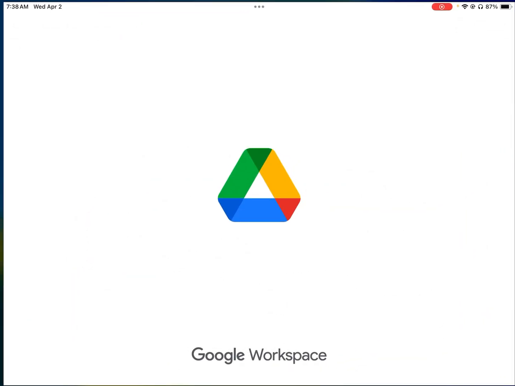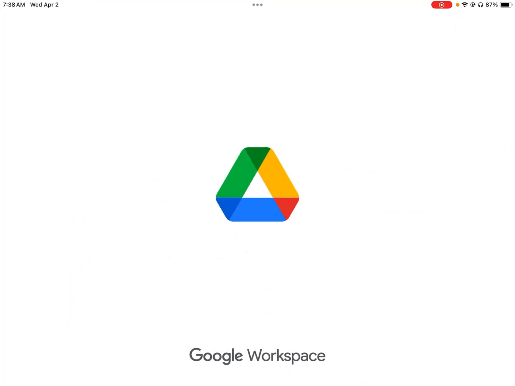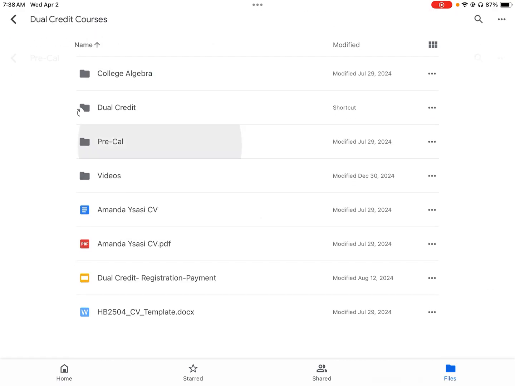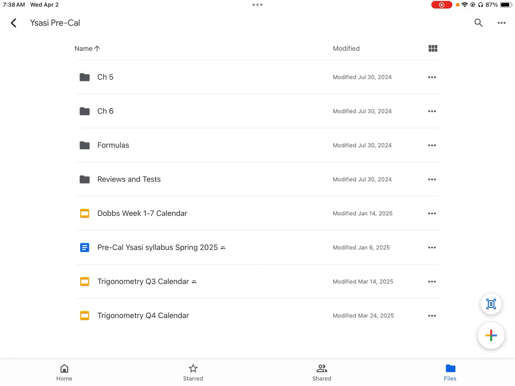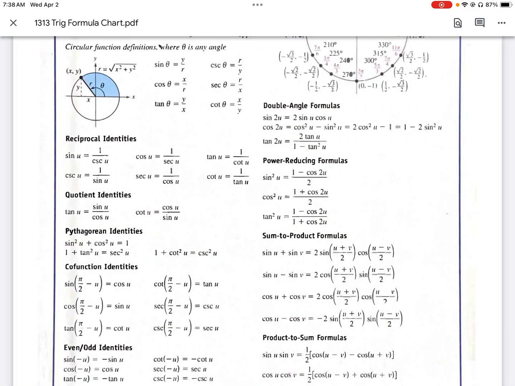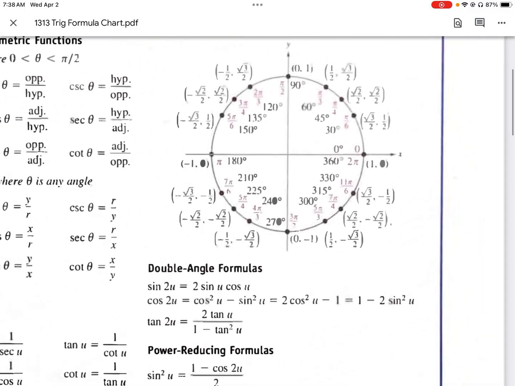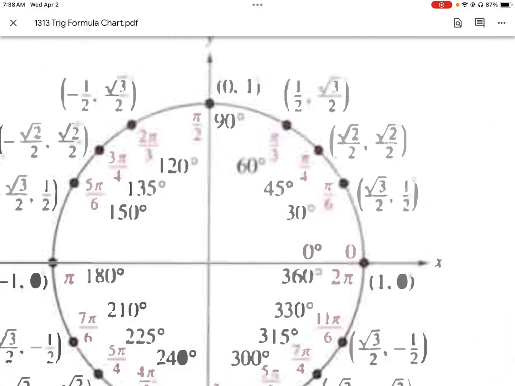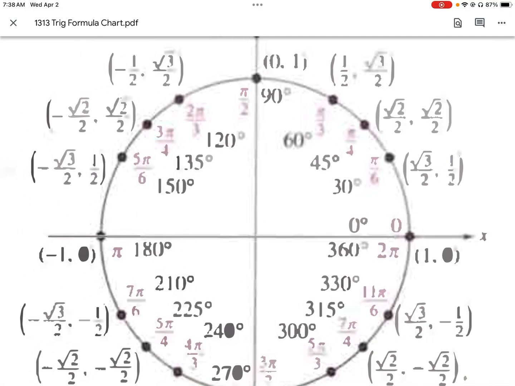So sine is y, cosine's x. So we want to look at where the x value, let's see if I can pull this up real quick. Okay, here we go. So sine is y, cosine's x. Cosine being x, we want it at 1/2. So that's at pi over 3.